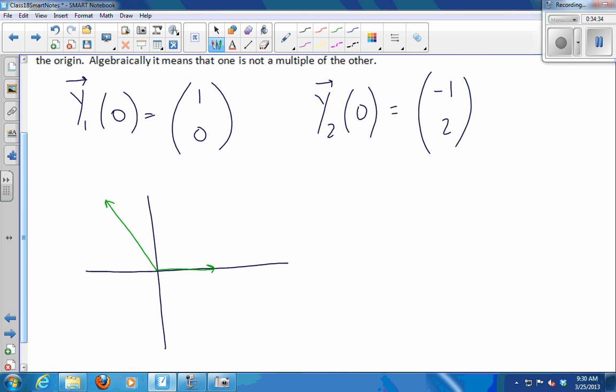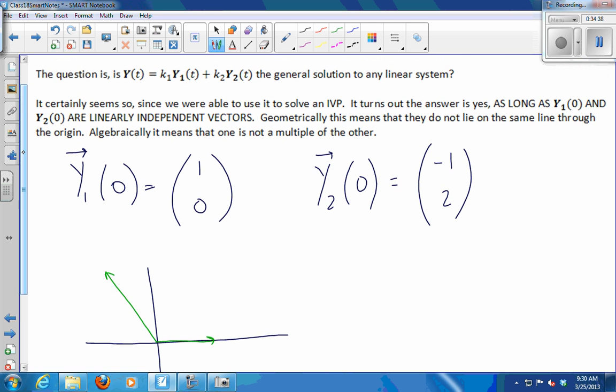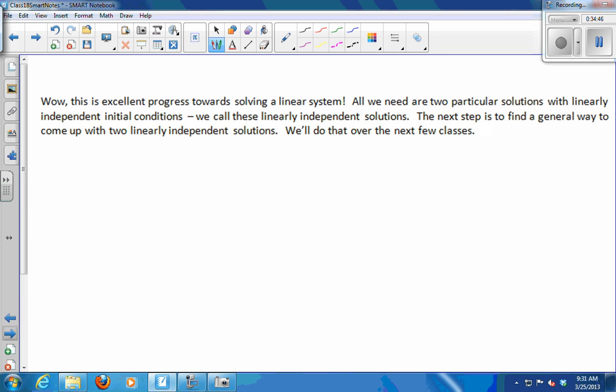Okay, so as long as your initial conditions are linearly independent vectors, that's going to be your general solution. So this is really good progress towards being able to solve a linear system. All we need to find a general solution are two particular solutions with linearly independent initial conditions.